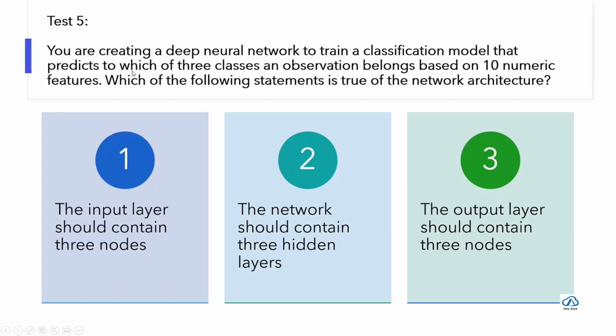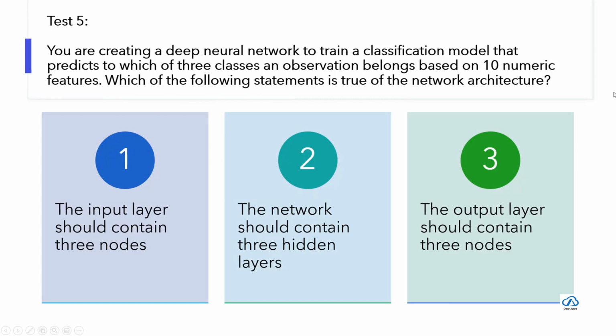The fifth one is you're creating a deep neural network to train a classification model that predicts to which of three classes an observation belongs, based on 10 numeric features. Which of the following statements is true of the network architecture?